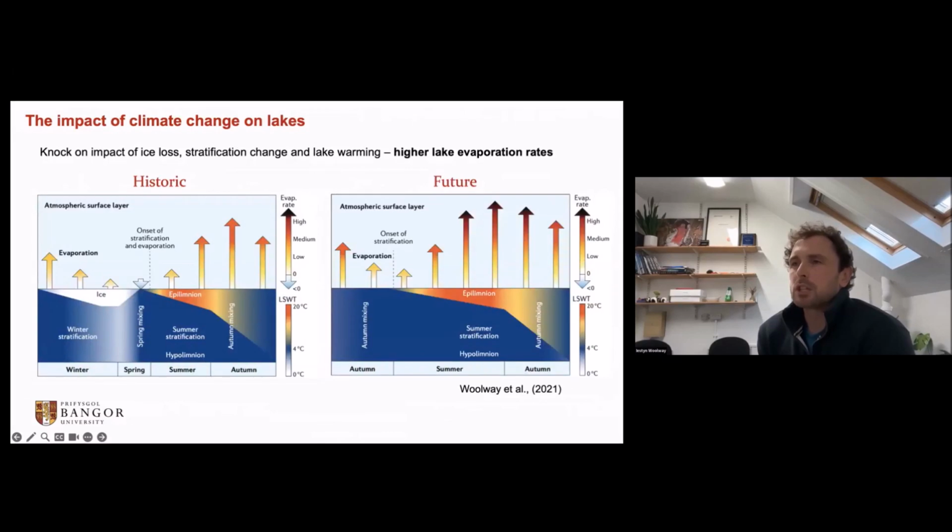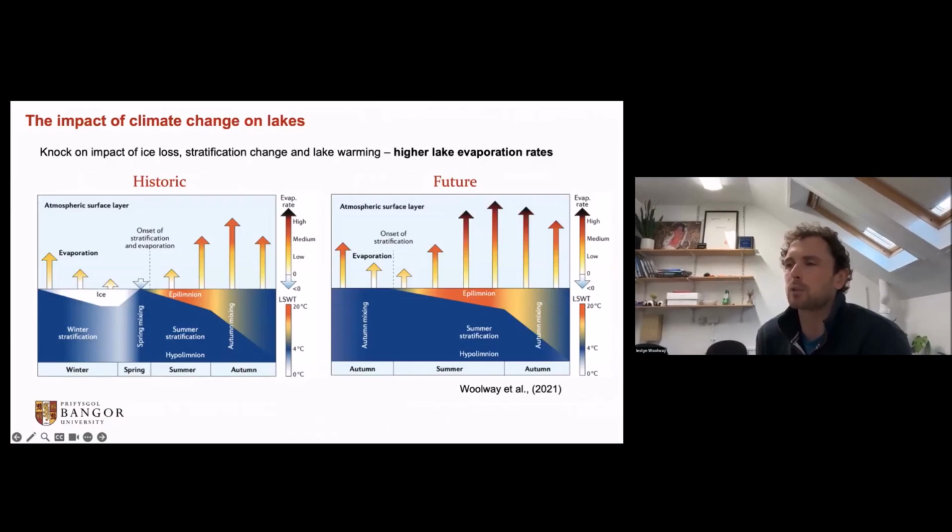So the changes that I've described for lake ice loss, surface temperature, and stratification change have direct impacts on the amount of water in lakes via their impact on lake evaporation rates. So this schematic here tries to demonstrate the differences between the historic and future period. So in the historic period, we have an ice-covered winter period, followed by a summer stratified season in spring, summer, and autumn.